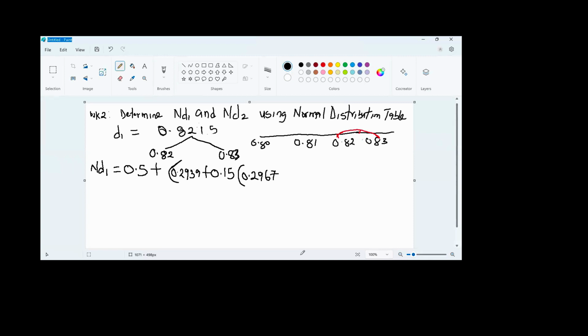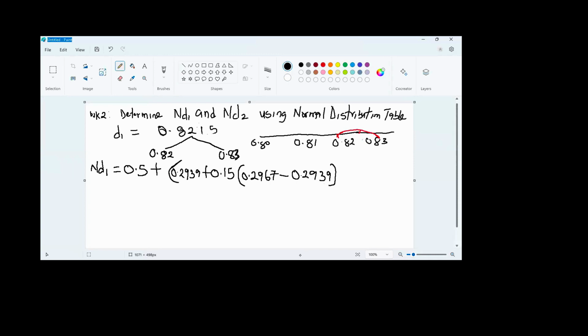This is the upper band. When you get this, subtract what you got in the lower band: 0.2967 minus 0.2939. This will give you your ND1 figure.